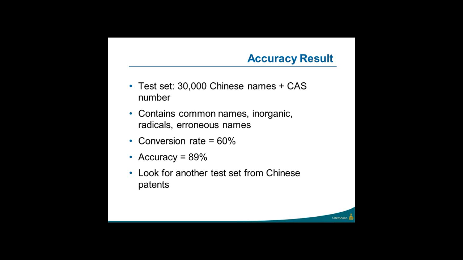This has a lot of common names, and because we mostly focus on using the algorithm to convert IUPAC names to structure, we're not working on the common names at this moment. For those IUPAC names, which are about 60% of this test set, the names we can convert to structures, the accuracy is close to 90%.